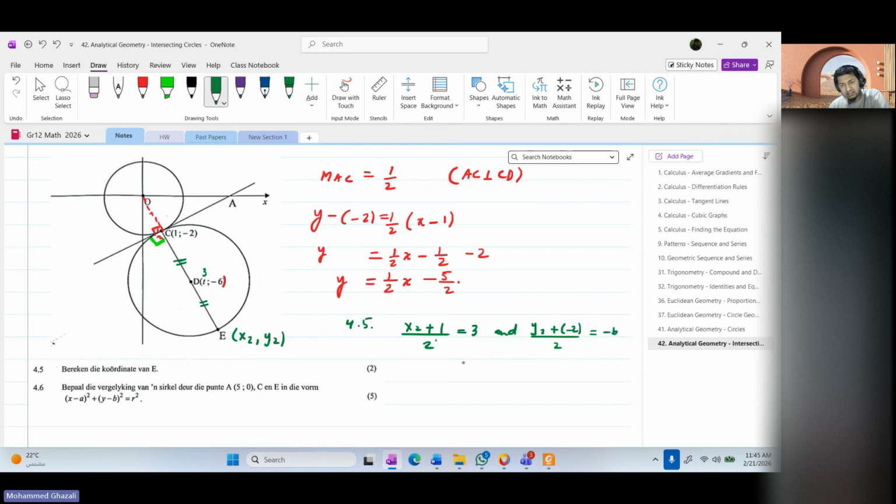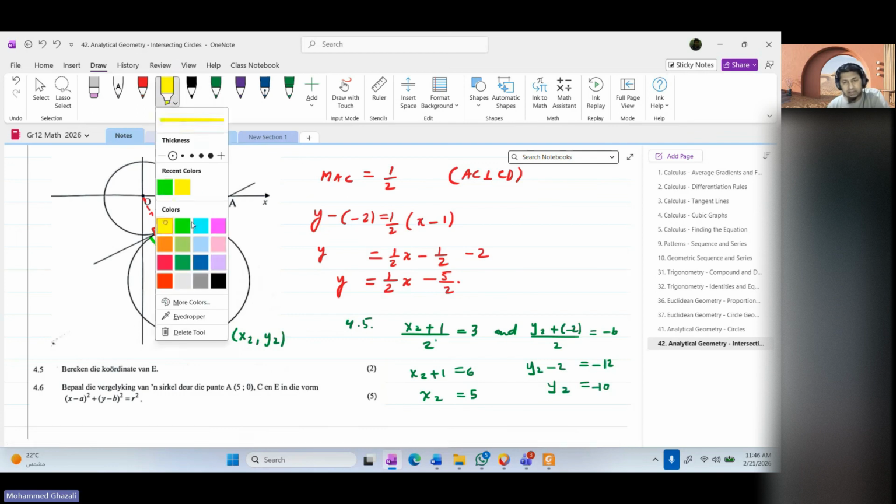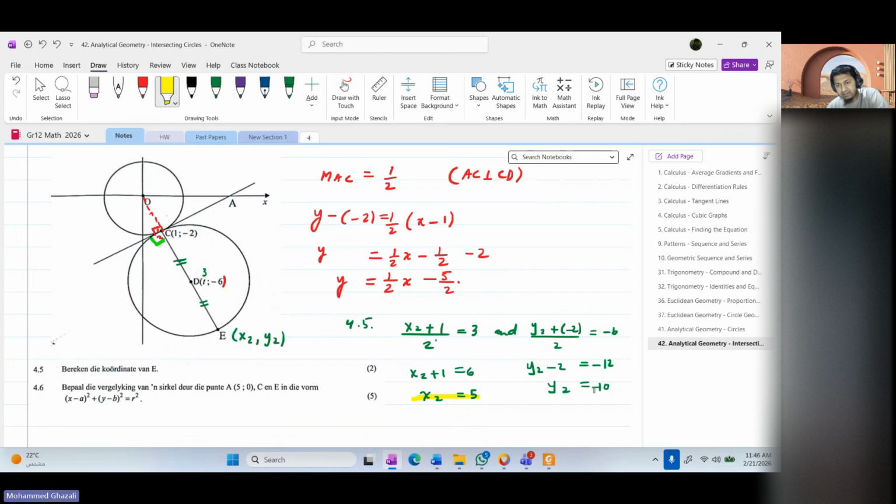So 2 times 3 is 6, so x2 is equal to 5. 2 times negative 6 is negative 12. y2 minus 2, so y2 is now equal to negative 12, so that's negative 10, right? So that's what we have. 5 and negative 10. So that's my coordinates of E.